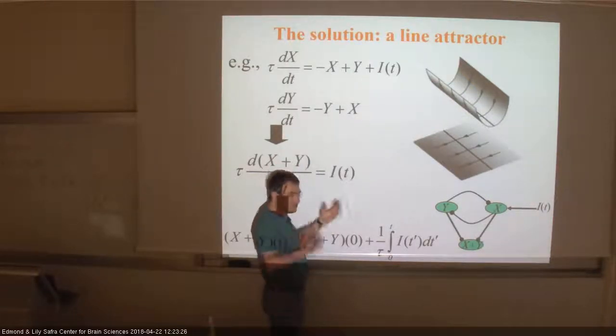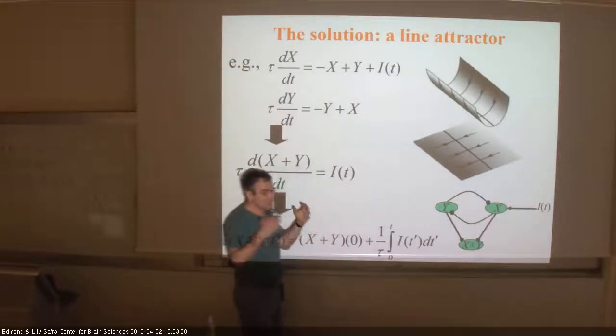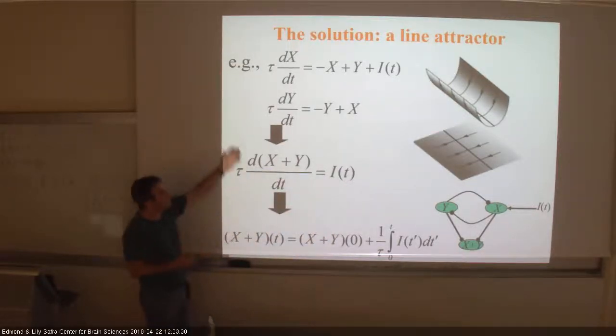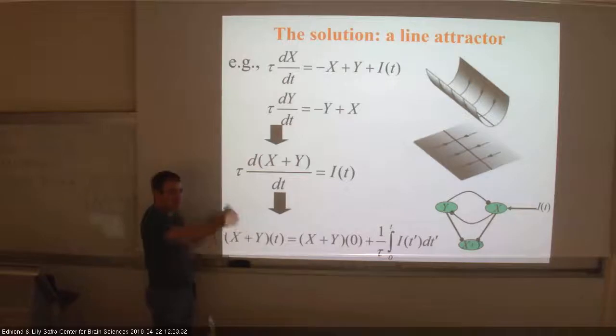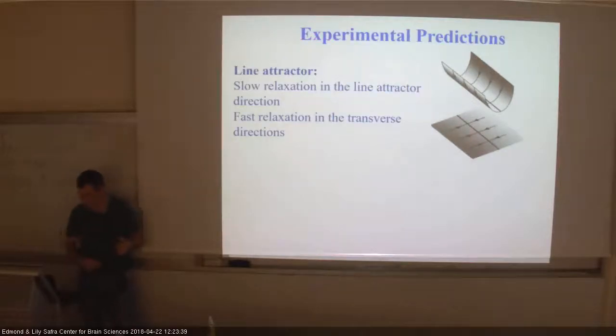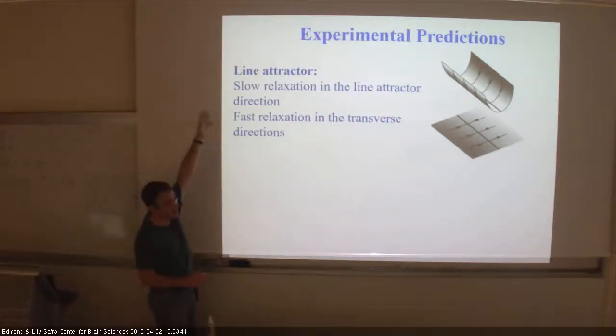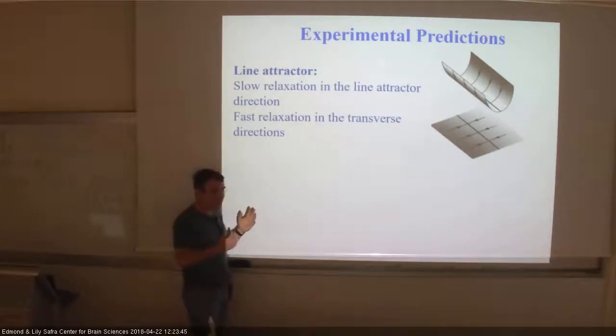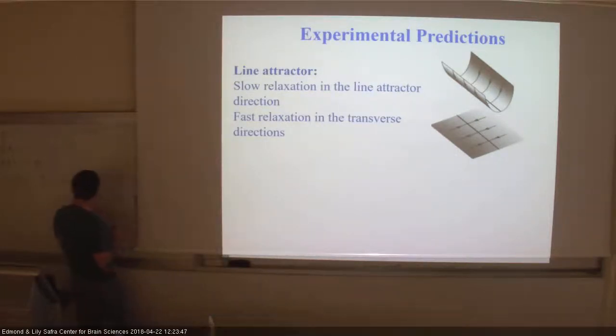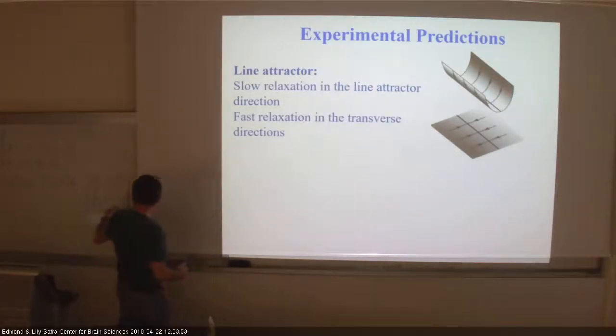Whereas if we look at a different projection of the neural activity, for example, a projection on 1, minus 1, then the dynamics will suddenly be fast. So the prediction of this idea of line attractor or manifold attractor is that we will have slow relaxation, I mean, at some point lambda cannot be exactly 1, so there will be slow relaxation, but it will only be in one direction.